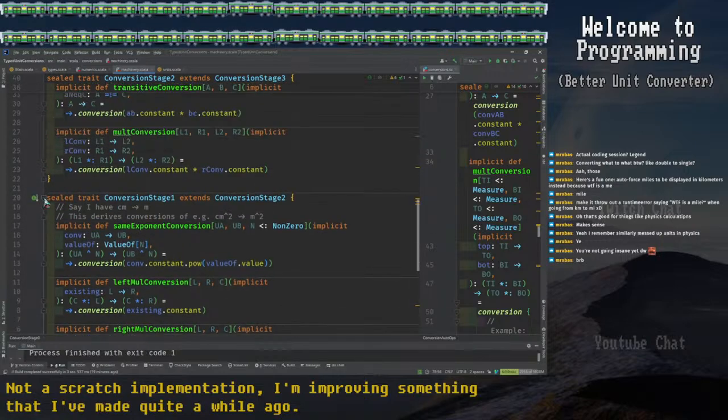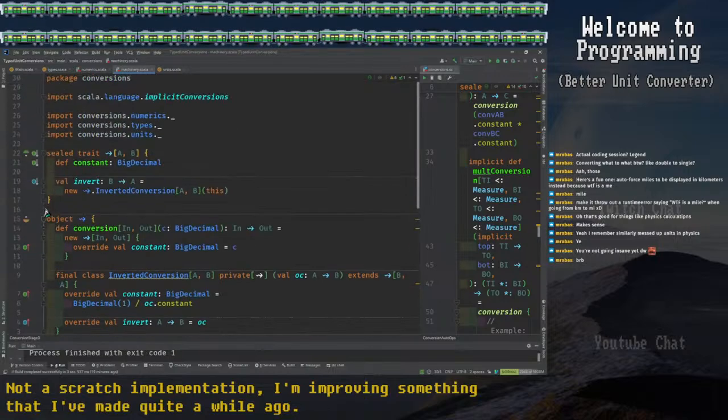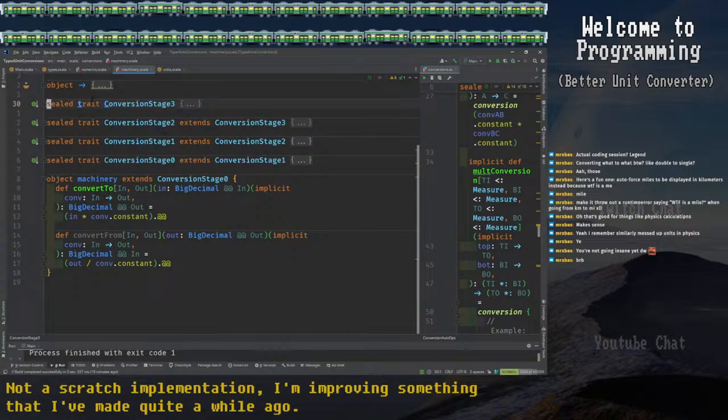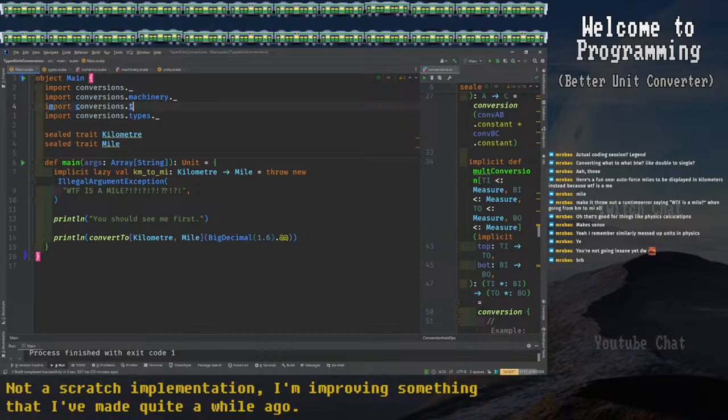Okay, now that we've gotten all of this, let's try some conversions. Let's do some conversions now.